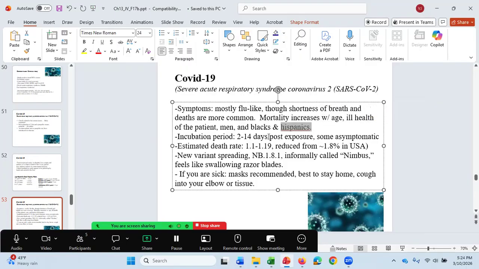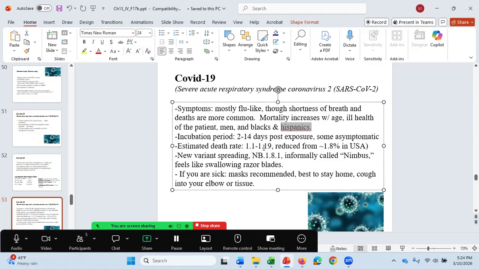I'm not sure if Canada and Mexico have looked at Asians, but definitely blacks and Hispanics have it higher than whites in all three countries. And the reason for that is not well understood.